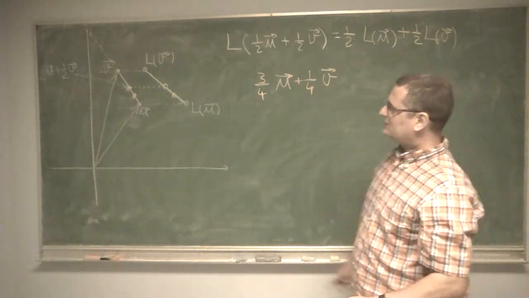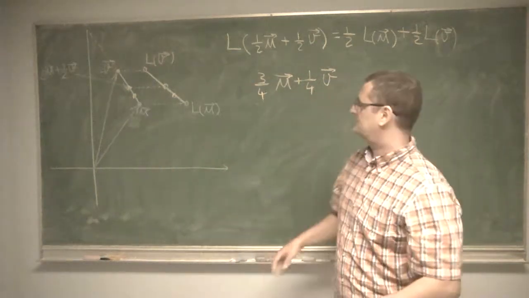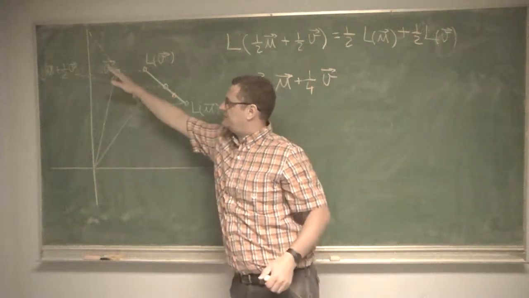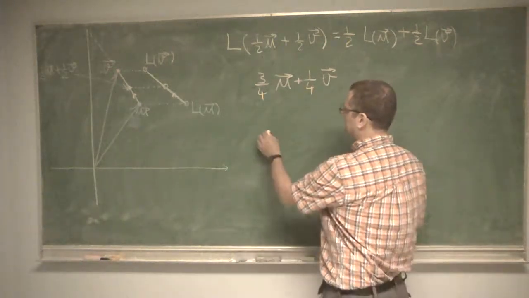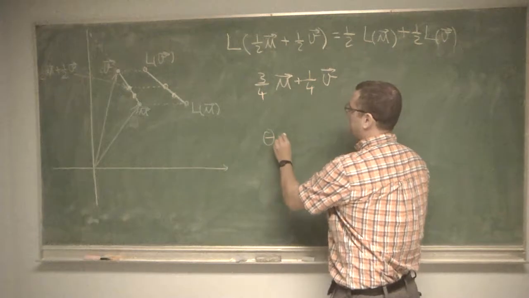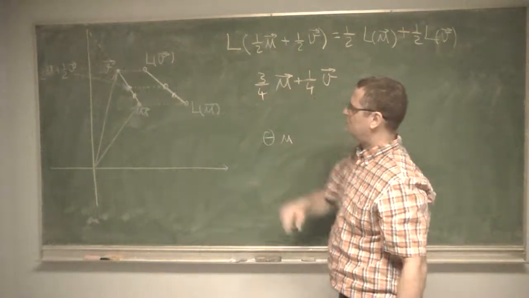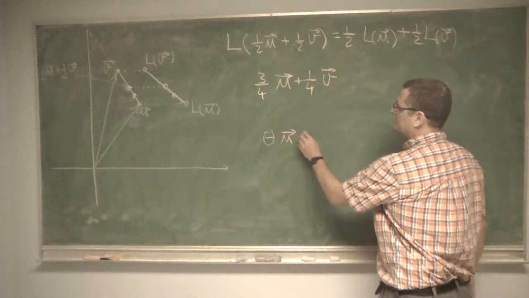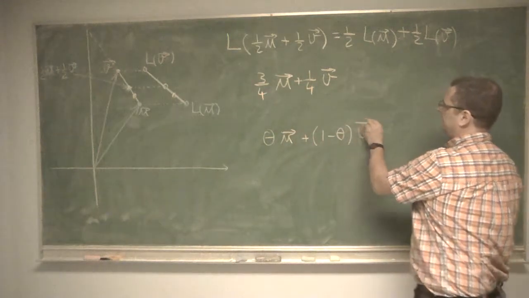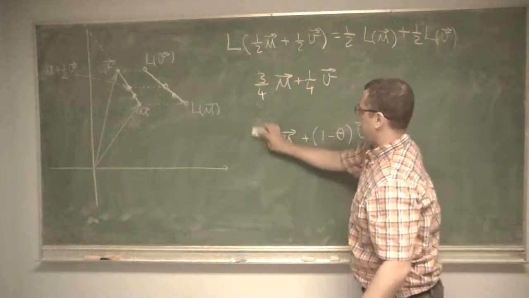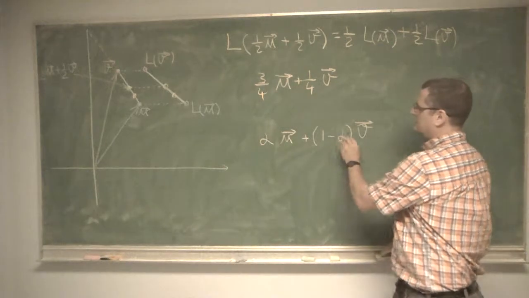Well, if you took Calc 3, this is like a question of parametrization of this line, and you should know that in fact any point on the line through points u and v is of the form theta u plus 1 minus theta v, or actually I should say alpha, to be consistent with notation in the book, alpha u plus 1 minus alpha v.